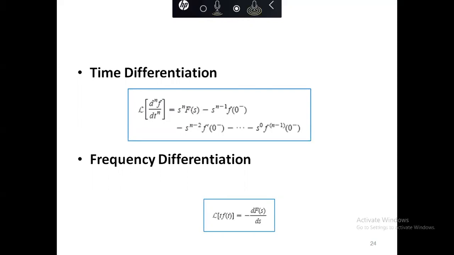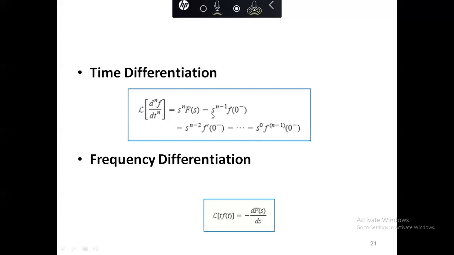In fact, if we have the nth order, we have s to the n minus 1 times f of 0 negative, s to the n minus 2 times the first derivative of f at 0 minus, and similarly s to the 0 times the n minus 1 derivative at 0 negative.